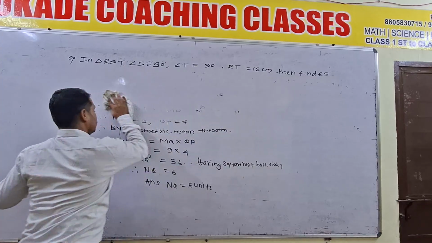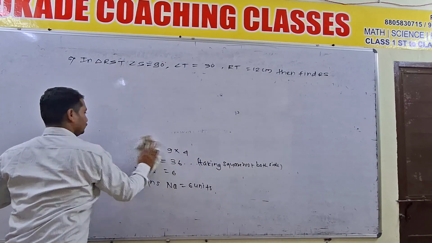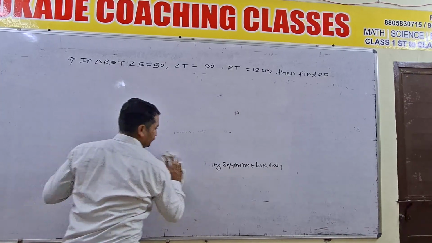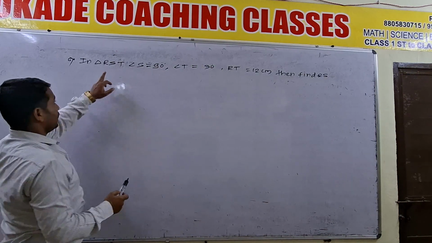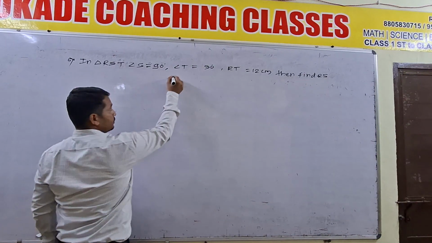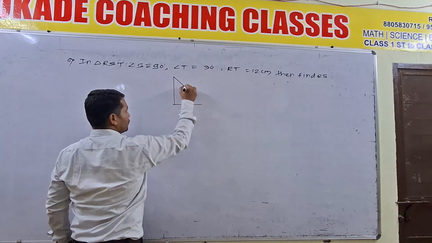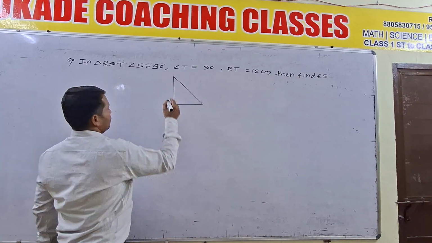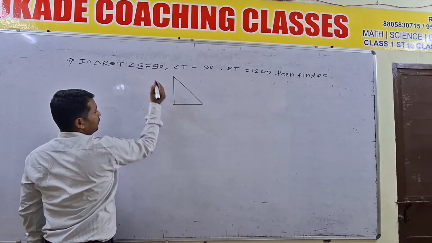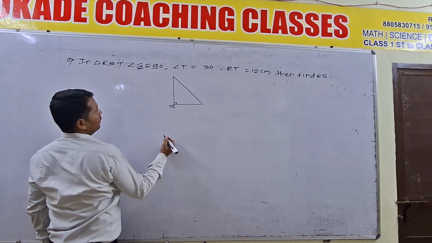Next question. We know what the triangle RST is. So first we draw triangle RST. Now in the triangle, angle S is 90 degrees.